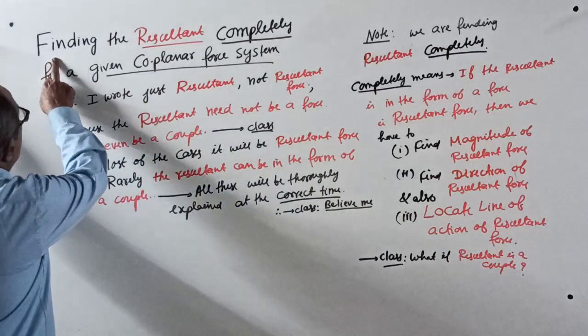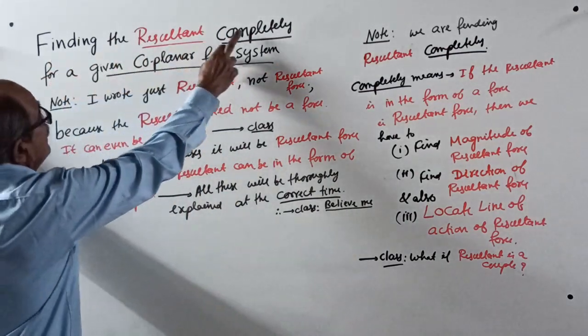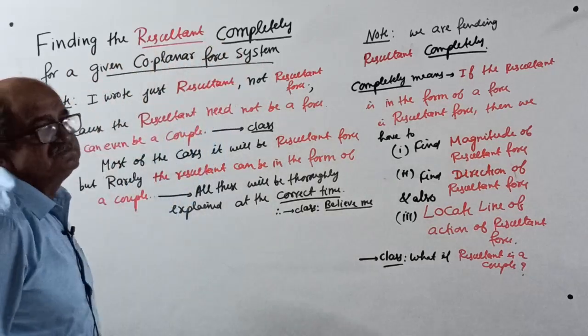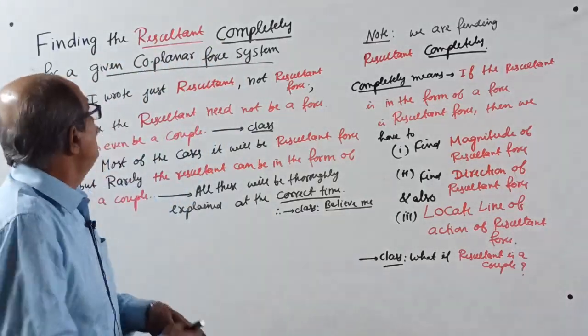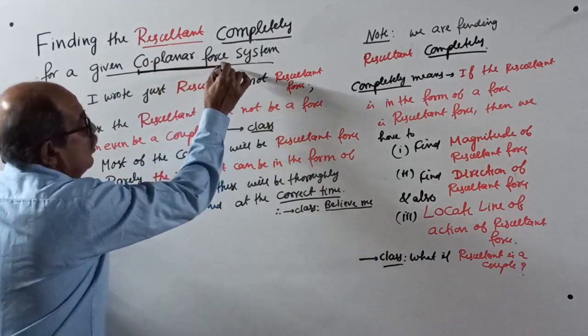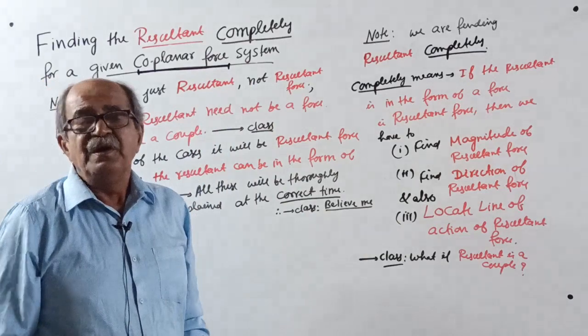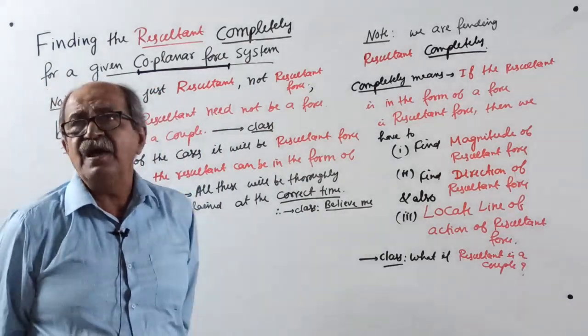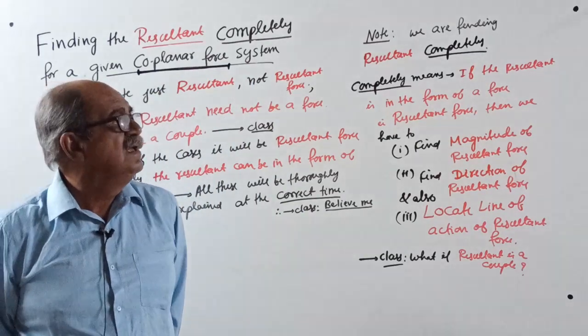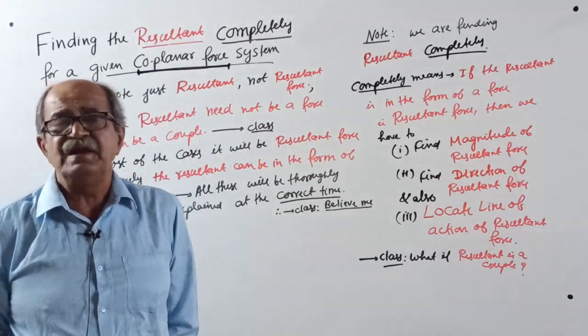Now we are going for finding the resultant completely for a given coplanar force system. One minute now. Be careful. Suddenly, coplanar means people will think, oh, he's not doing concurrent. They will tell sometimes when I write coplanar force system in the class. Students have told me earlier, sir, in examination they ask concurrent.